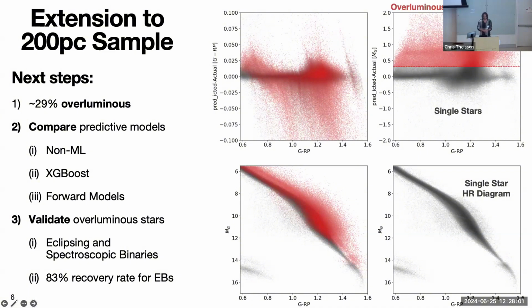The question is how much, so in the CMD, pre-main sequence stars overlap with the binary stars, and how much does this affect things? I don't have a way to quantify it, but I assume it would be not that much because young stars tend to be fairly rare, especially in comparison to how many binary stars we see within 100 parsecs. So with this method, they both kind of get wrapped together, which is unfortunate. But most of our overluminous samples should be binaries.